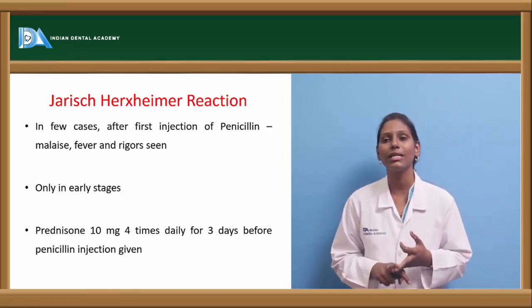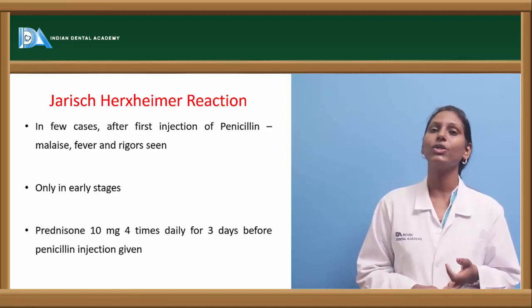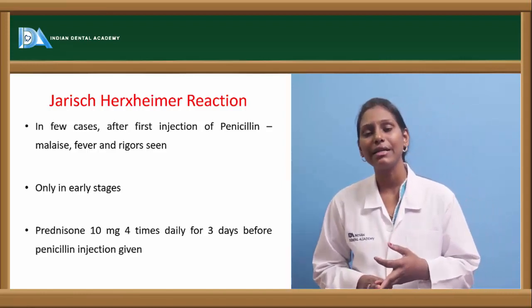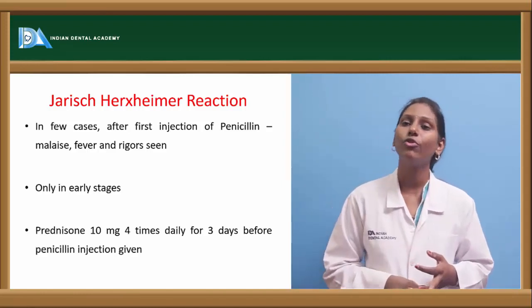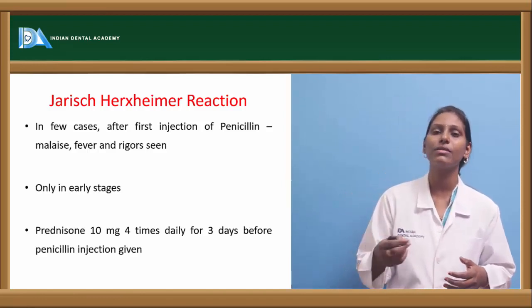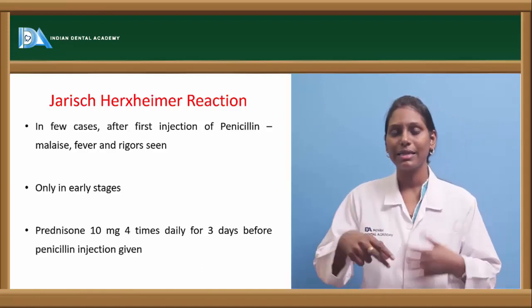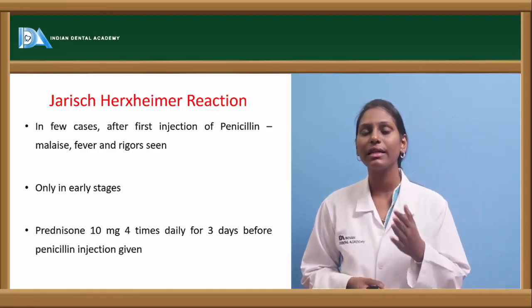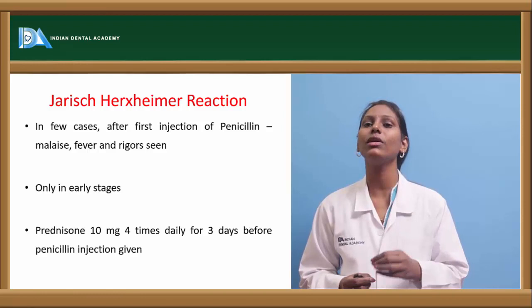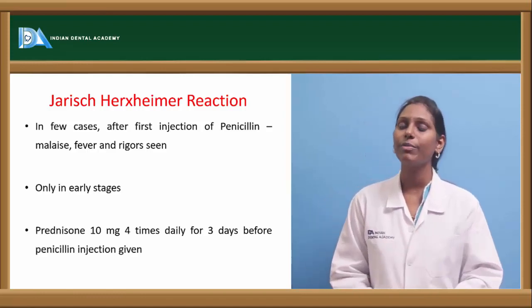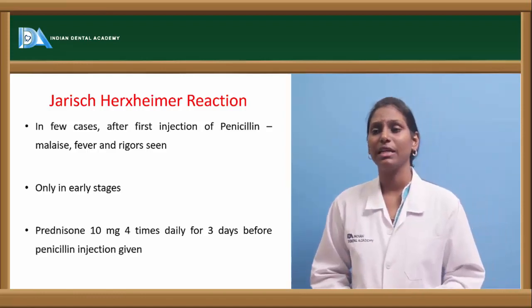This is called the Jarisch-Herxheimer reaction. To control this, we give prednisone 10 milligrams four times daily for 3 days before administering a penicillin injection. Especially when we are doing a test dose, the patient usually gets this reaction, and we know that it is a Jarisch-Herxheimer reaction. Before administering penicillin injection, give prednisone 10 milligrams four times daily.